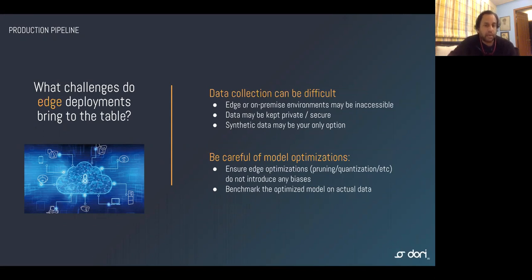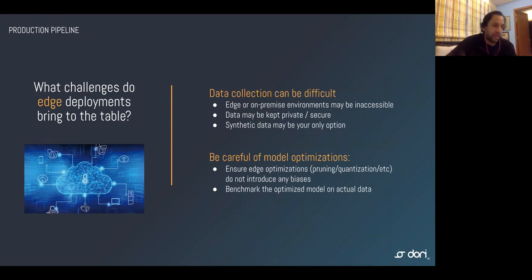But one thing to definitely keep in mind is that for most edge scenarios, you end up applying various edge optimizations, such as pruning or quantization. And those techniques, although they are very great at optimizing for latency and size and performance, they may actually introduce additional biases or additional errors in your models that you may not have accounted for.